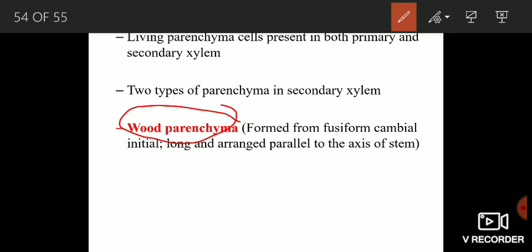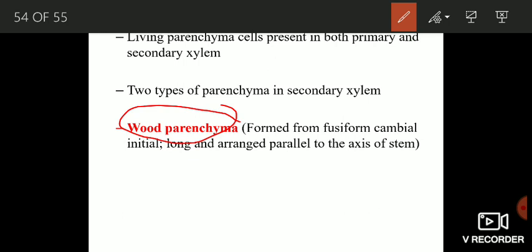Okay, first of all, wood parenchyma. Wood parenchyma cells are formed from fusiform cambial initials. Okay, the cambium from which secondary xylem and secondary phloem are formed contains two distinct types of cells. One is known as fusiform initial and second one is known as ray initial.